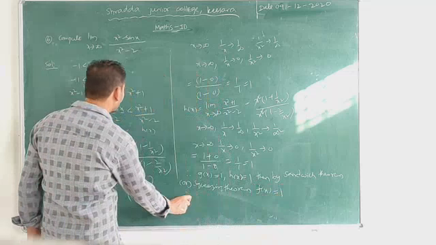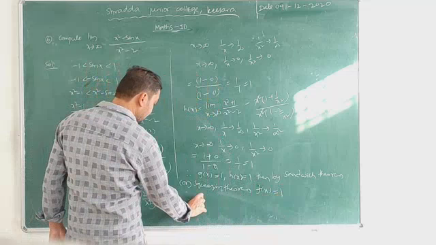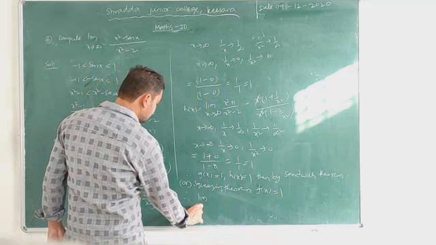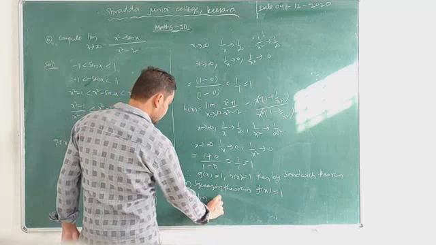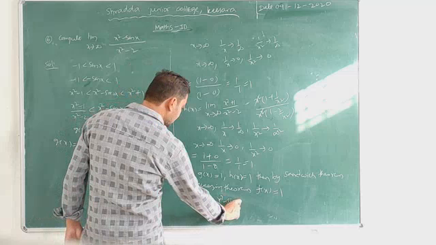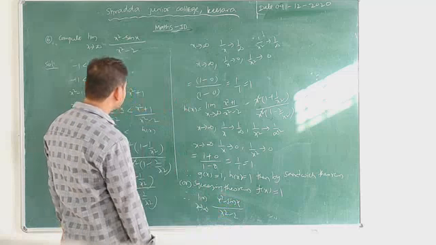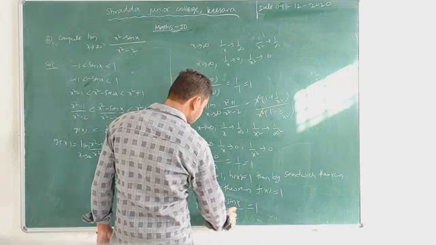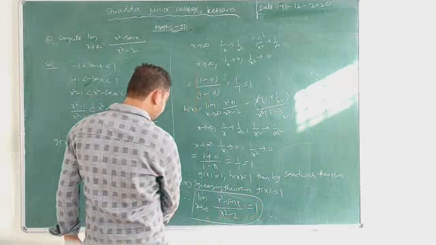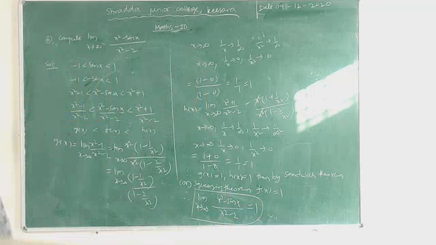So therefore limit x tends to infinity, x square minus sin x by x square minus 2, this is equal to 1. So this is our required answer.